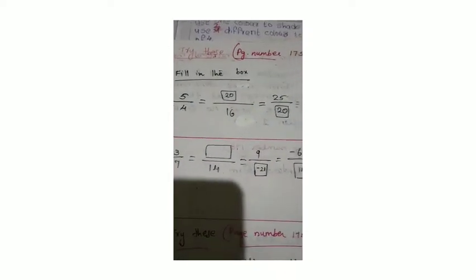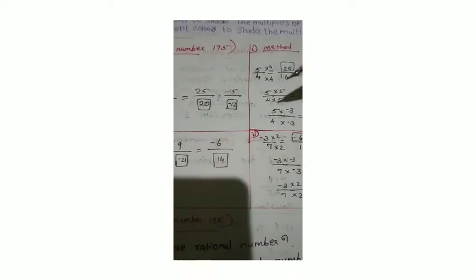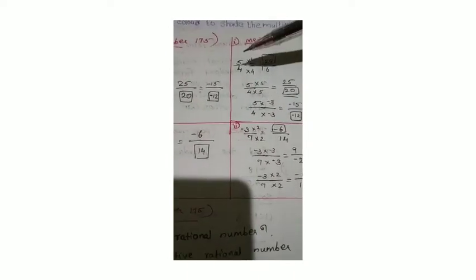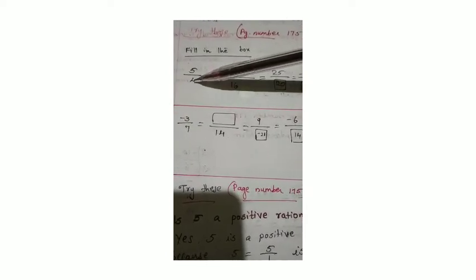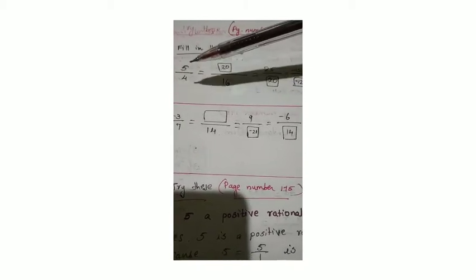Here it's a very easy question, and how can we find out? The method is written: 5 on 4 is the first rational number. We have to write the equivalent rational numbers of this 5 on 4. Here 16 is given. How can we make this 4 as 16? 4 times 4 is equal to 16, so we have to multiply 5 times 4, that is also equal to 20.